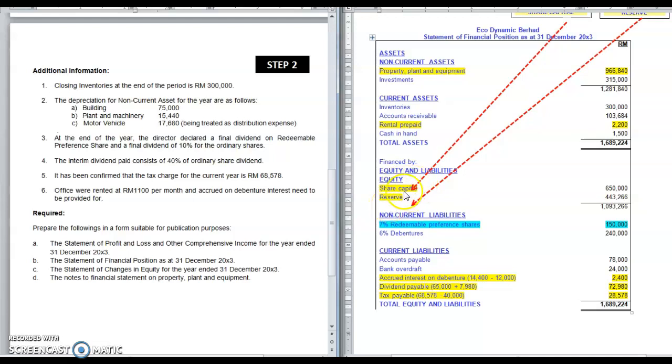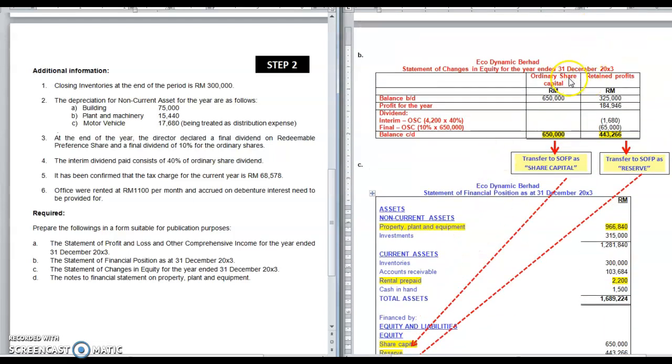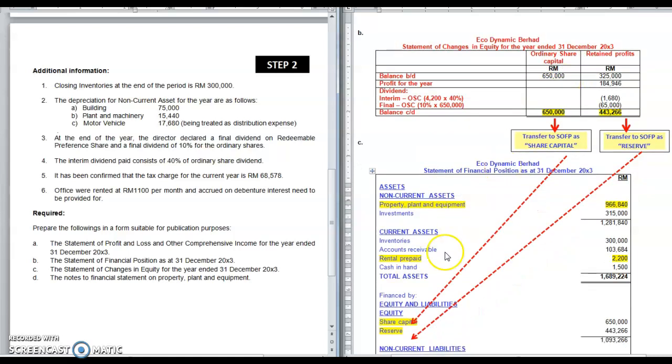Instead of the individual items as presented in SOCI, we don't present individual items of ordinary share capital and retained profit. Instead, we have to summarize it. In this question, we only have one type of share capital, so ordinary share will automatically be presented as share capital, while retained profit will automatically be represented under reserve.